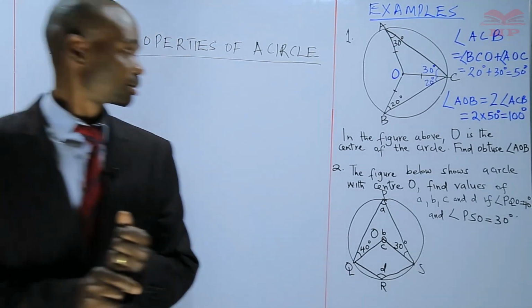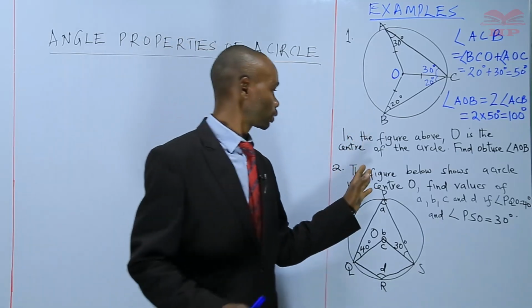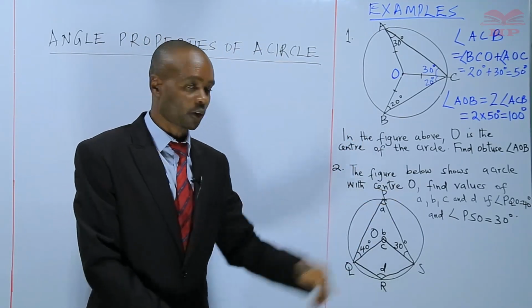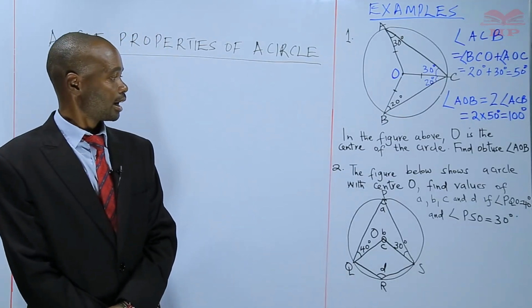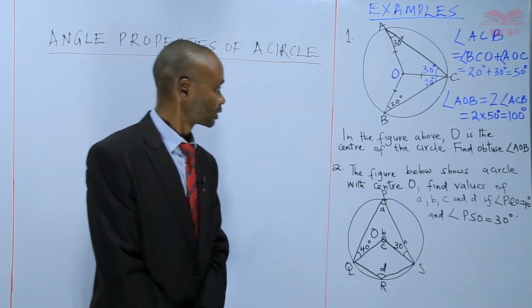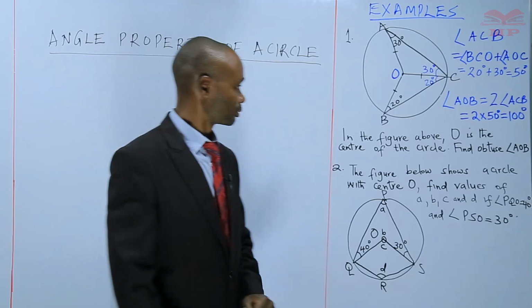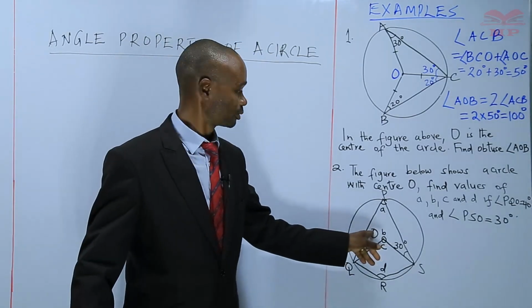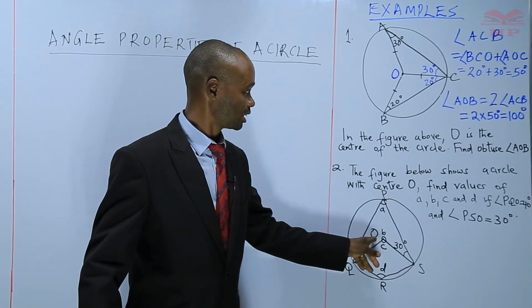So without much ado, we go to the second question, which you see on the board. They are telling you the figure below shows a circle with the center O. A circle should always have a center.